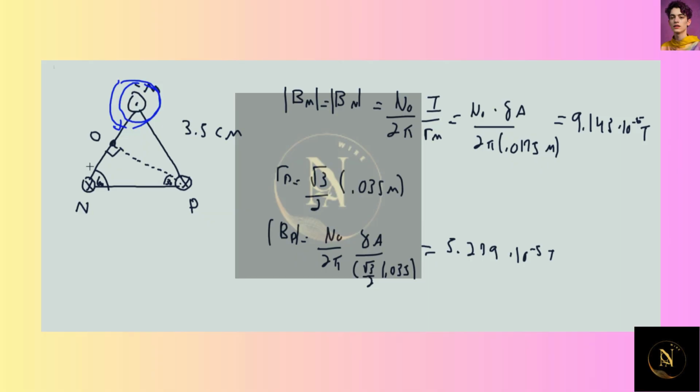And then N will be doing the exact same thing, so it'll look like that. So we'll have two lines, for BM and BN pointing like this, both making 90-degree angles with this side of the triangle.